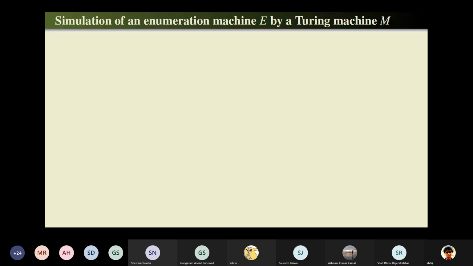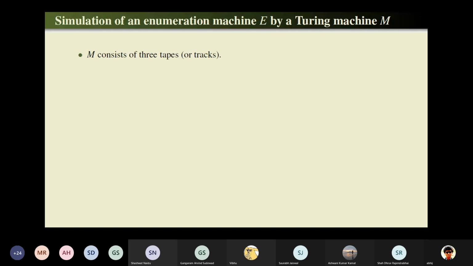Given an enumeration machine, I will build a Turing machine having exactly the same language. And given a Turing machine, I will build an enumeration machine enumerating exactly the same strings. The first part is slightly easier.